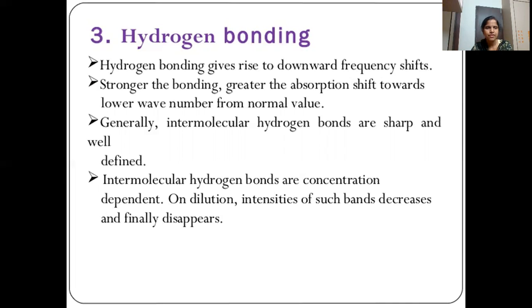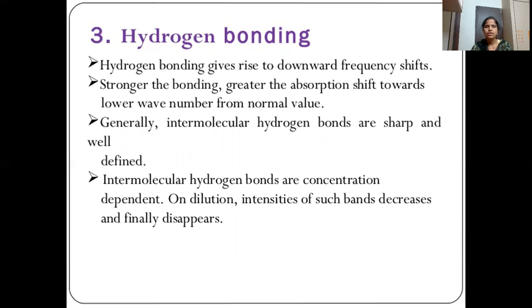That is the reason why when hydrogen bonding is formed, the vibrational frequency will move towards the lower wave number. And we have two types of hydrogen bonds: intermolecular hydrogen bonds and intramolecular hydrogen bonds.